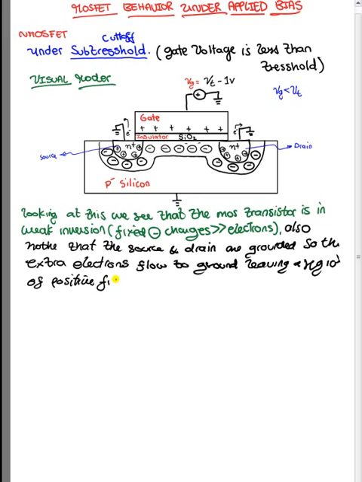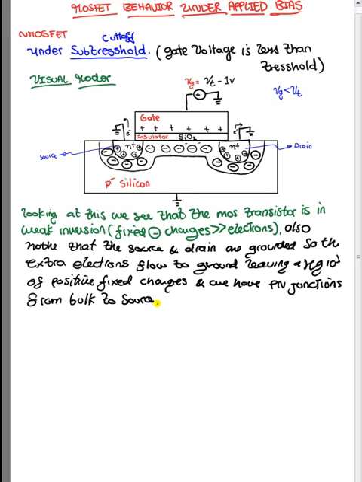These ones right here, and we have p-n junctions from bulk to source. Bulk is also the substrate, it's the same thing, and bulk to drain.